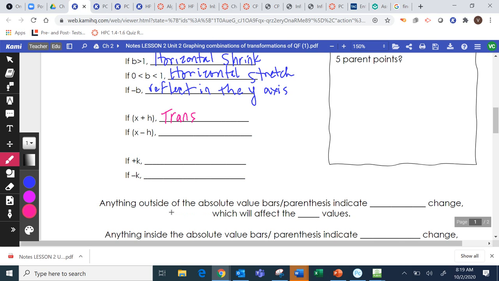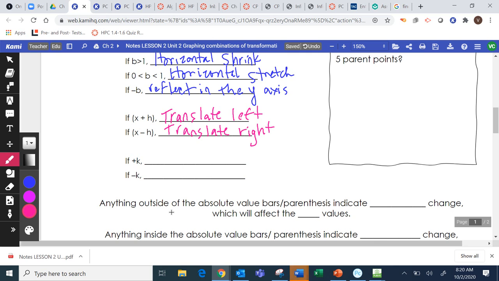And I'm going to change your words from go to translate left. And then if we have minus h, Katsia, what will that tell me to do? Perfect. Translate to the right.